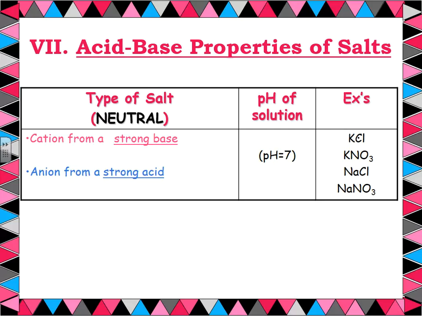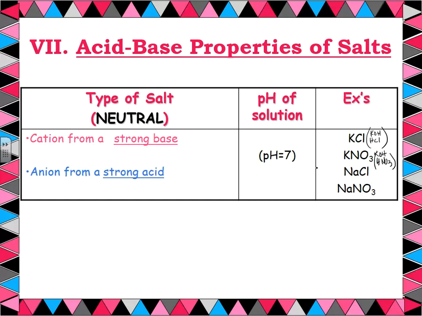So let's look at KCl. KCl would have come from potassium hydroxide, a strong base, and HCl, hydrochloric acid. Those are the parent acid and base. KNO3, the cation comes from the base, so KOH, and the anion would have come from nitric acid, HNO3, another one of our strong acids.